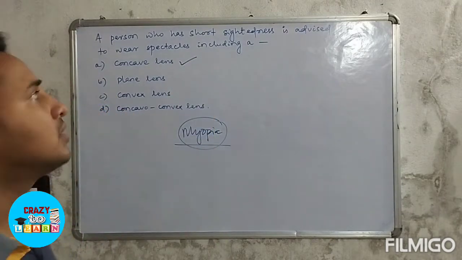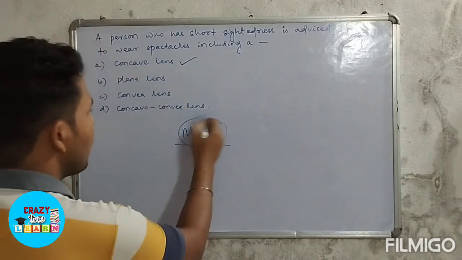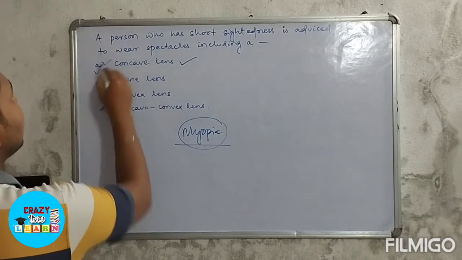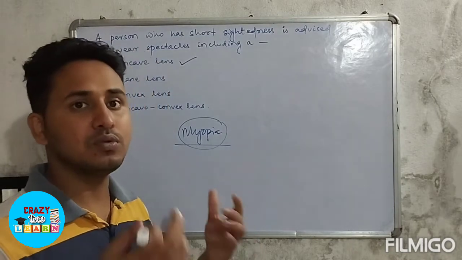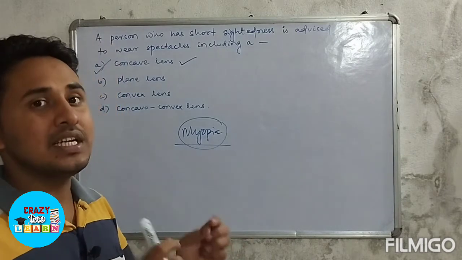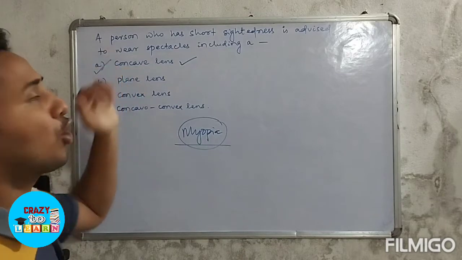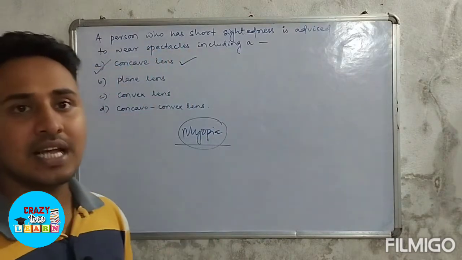So what do you get? A person who has short-sightedness or myopia is advised to wear spectacles including a concave lens. When we are in student life, our friends generally wear spectacles with concave lenses, and they are affected with the short-sightedness eye problem.